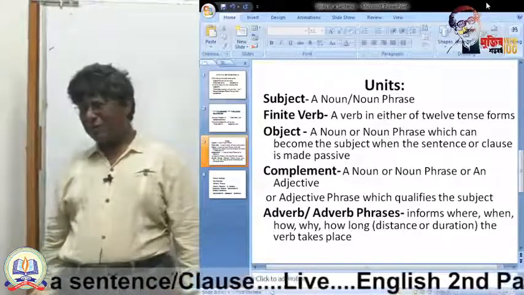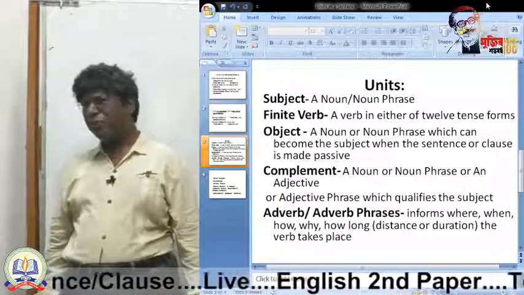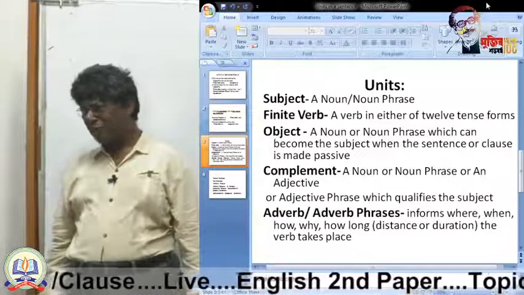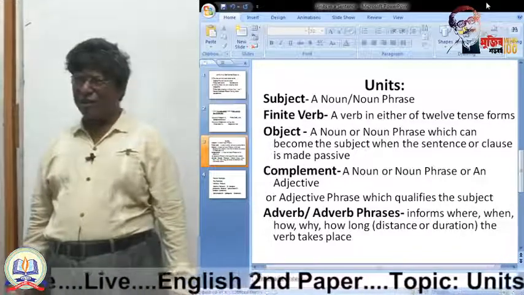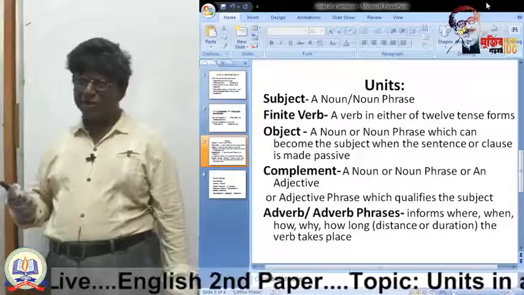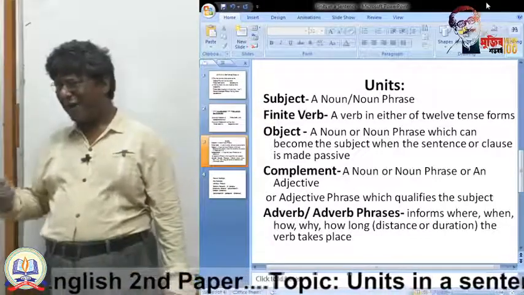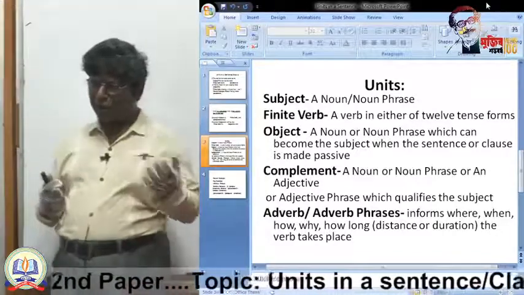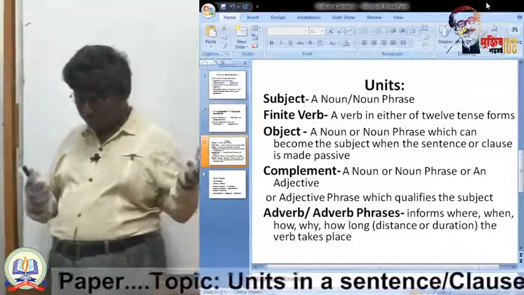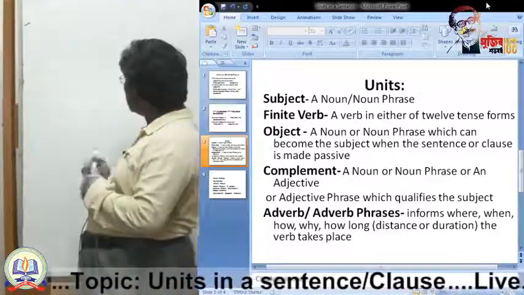For imperative sentences, we sometimes do not have any subject expressed. With an implicit subject, an imperative sentence is formed, but still there is a finite verb in an imperative sentence, such as go there.